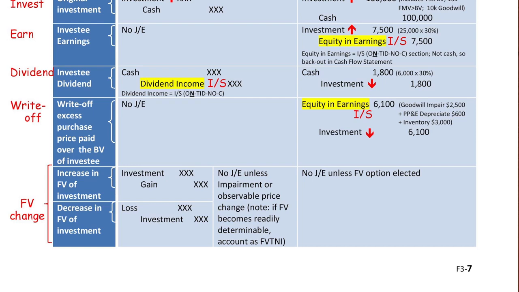If there's an increase in fair value, investment goes up, and there is highlight a gain on income statement. If there's a decrease in fair value, the investment account, draw down arrow, goes down, and there is highlight a loss which goes into the income statement.